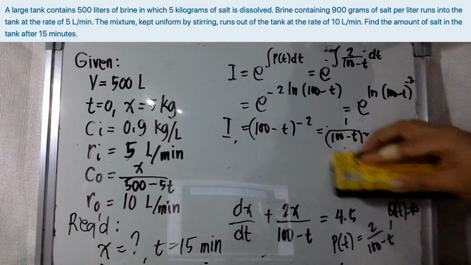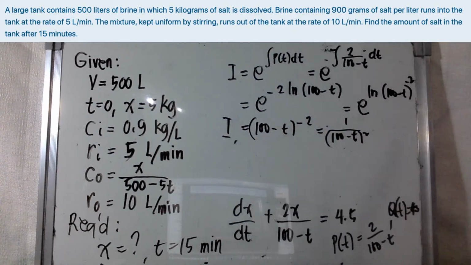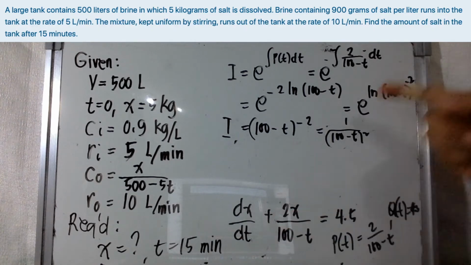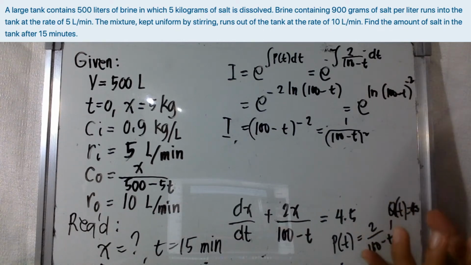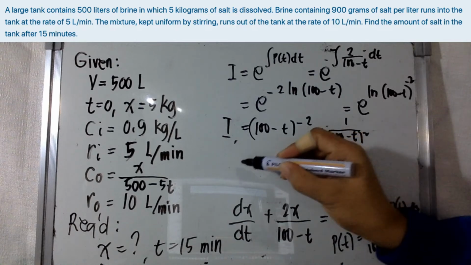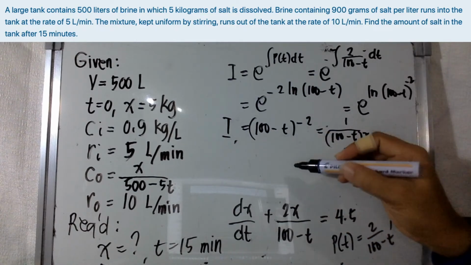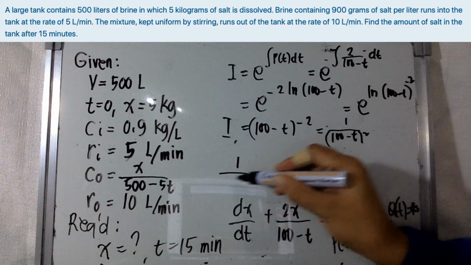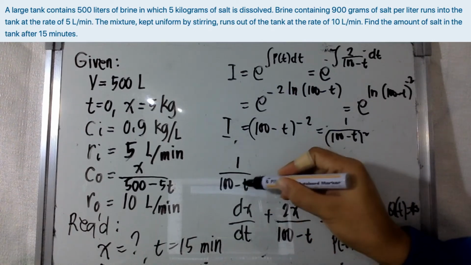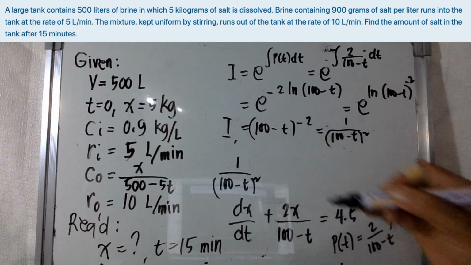Now, since we have the integrating factor, we multiply this integrating factor to the standard form of the equation, and it should be noted that once we multiply this standard form by an integrating factor, the equation will become exact. And the left member is always equal to the product of the integrating factor, which is 1 over 100 minus t squared, times the dependent variable.